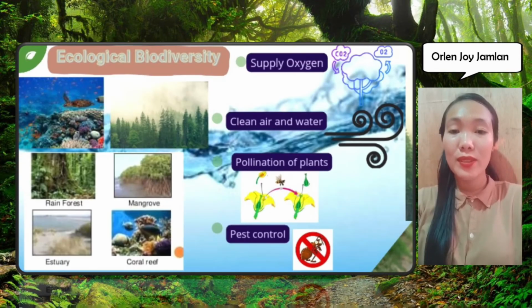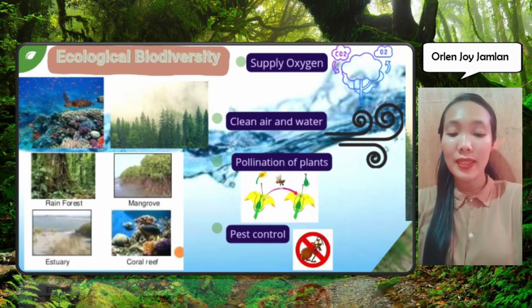Now let's proceed to the ecological biodiversity. Ecological biodiversity includes rainforests, mangroves, estuaries, and coral reefs. This ecological biodiversity preserves the ecosystem by providing ecosystem services such as supplying oxygen. Through photosynthesis, plants use carbon dioxide, sunlight, and water to create energy and release oxygen.